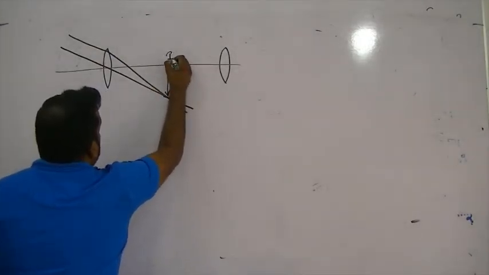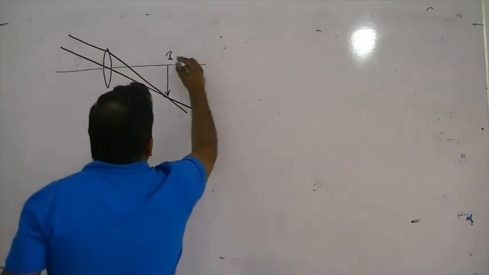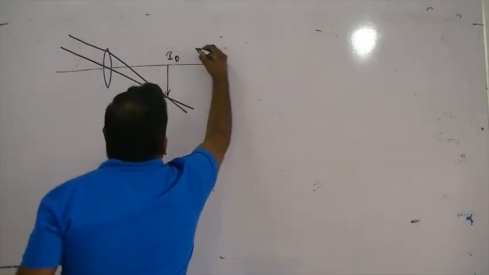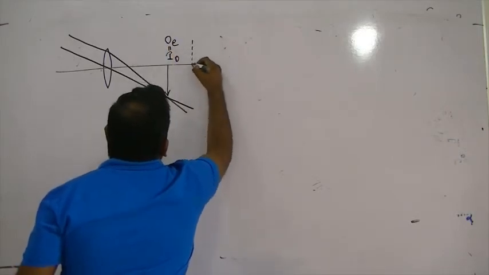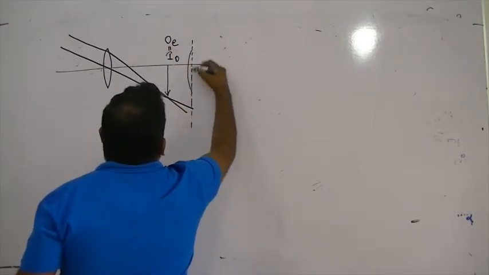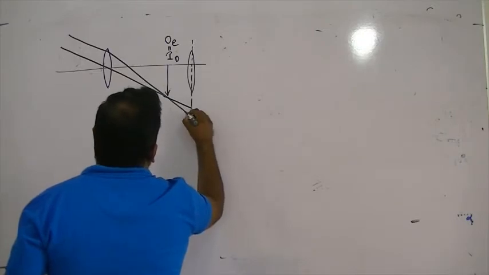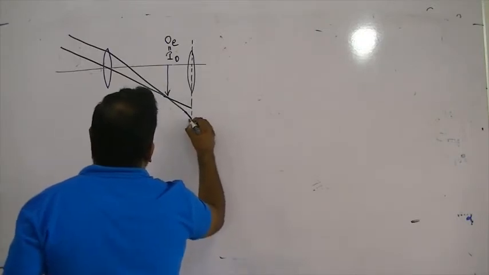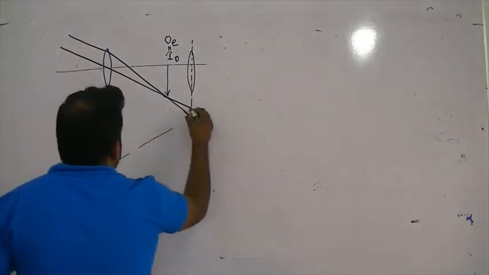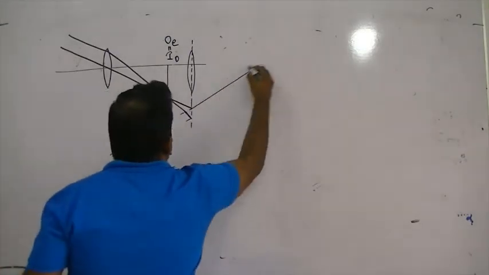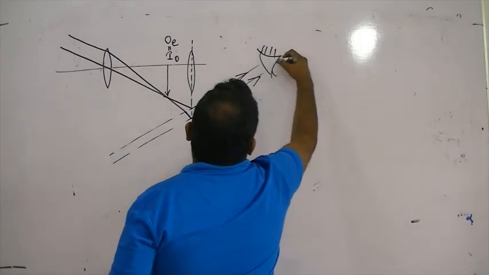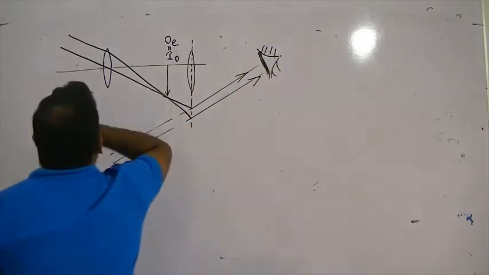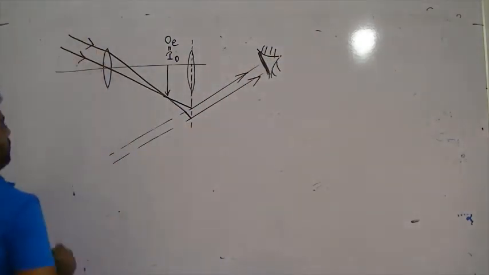Image is formed. This image will act as the object for the eyepiece. Normal adjustment means final image will be at infinity. There you go. To the end.